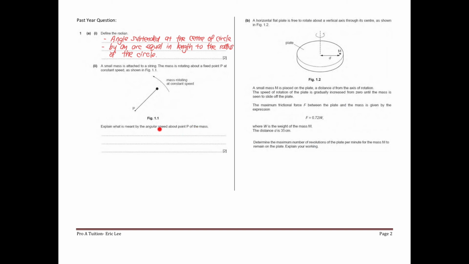So you know angular speed, basically you should think of angle divided by time. So we can put it in this way then. Angle swept out per unit time. Or you can also say rate of change of angle by the string.